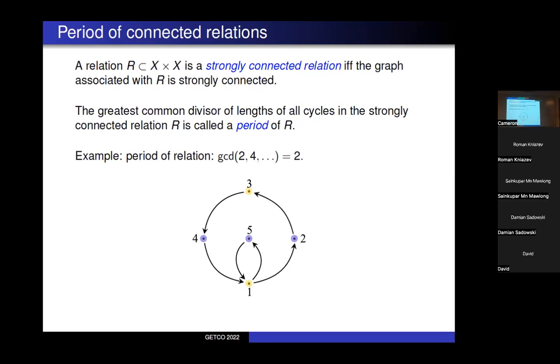From a computational point of view, it's okay to just find simple cycles, and the lengths of those simple cycles also give us the period. The complexity is linear with respect to the number of vertices plus the number of edges. Here we have an example: a cycle of length 4 together with a cycle of length 2 gives a period of that relation equal to 2.